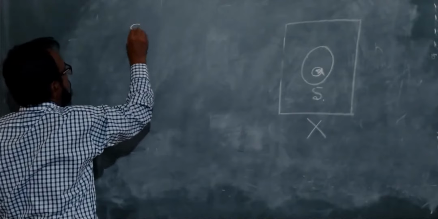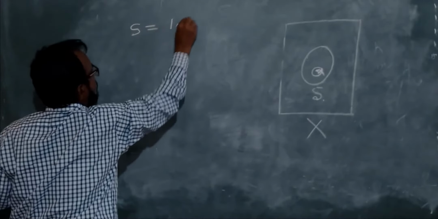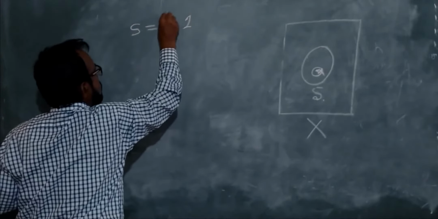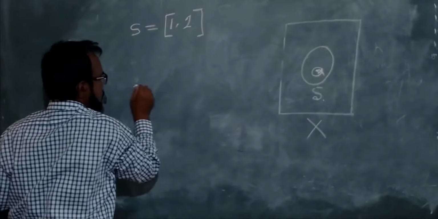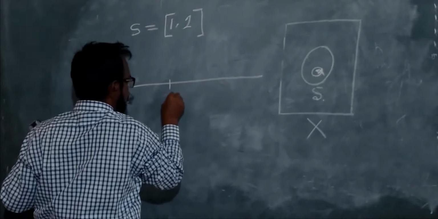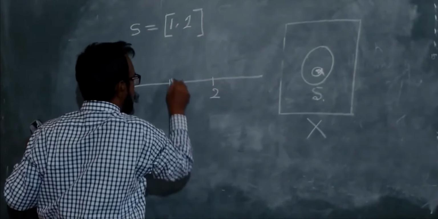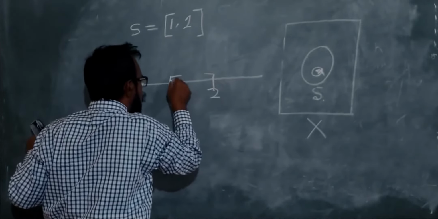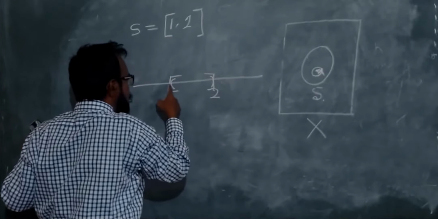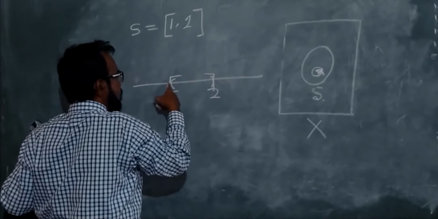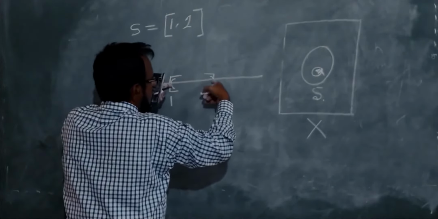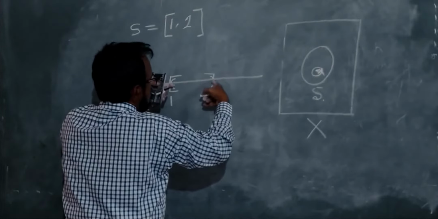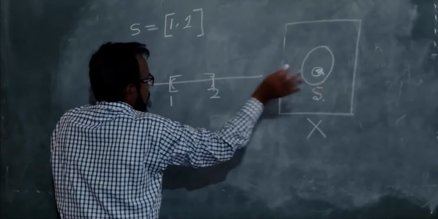Suppose S is equal to the closed interval from 1 to 2. This is the number line. This point is 1, this point is 2. The closed interval means the open interval union these two boundary points. 1 is a boundary point, 2 is a boundary point. In case of the open interval, we exclude these points.